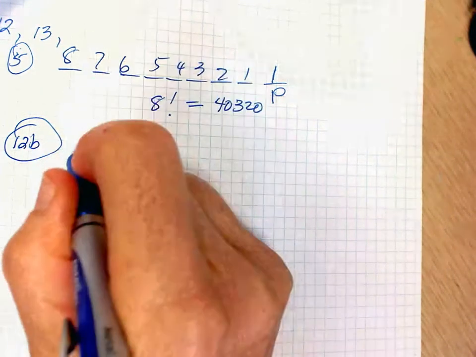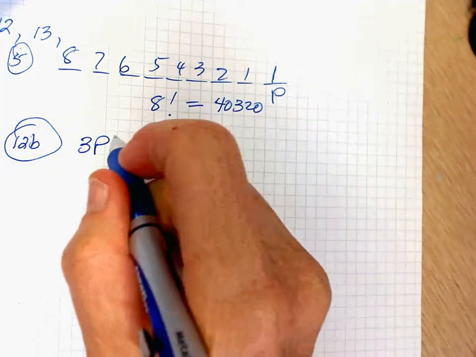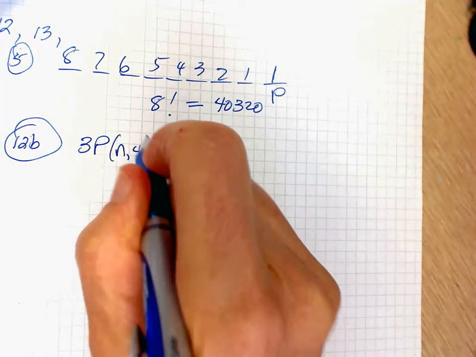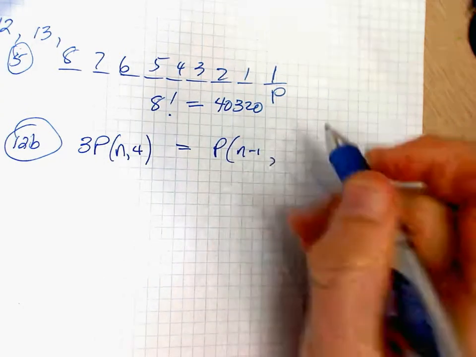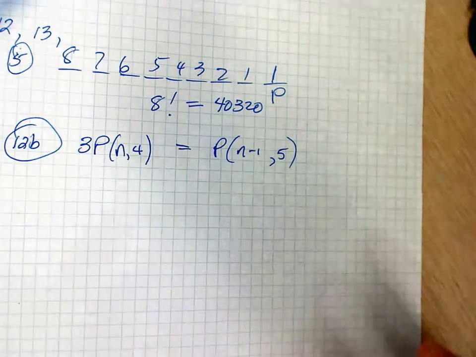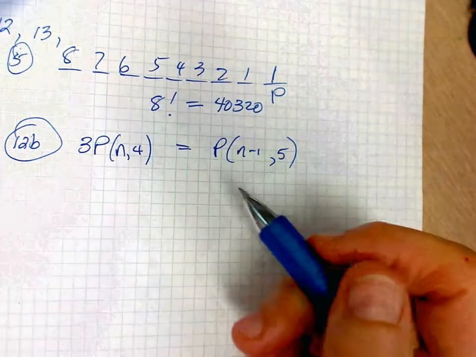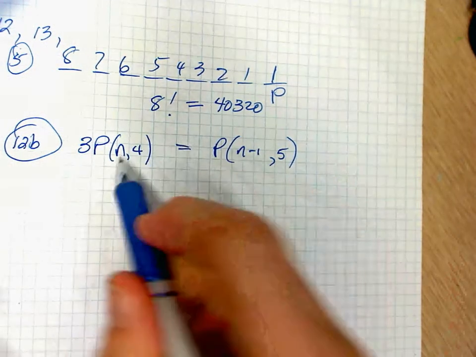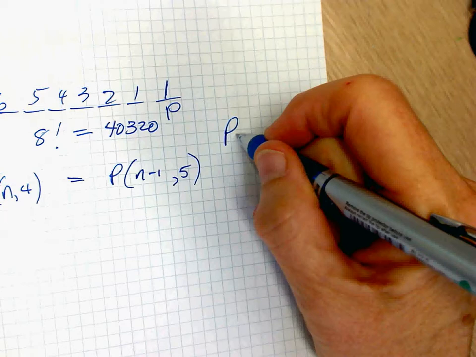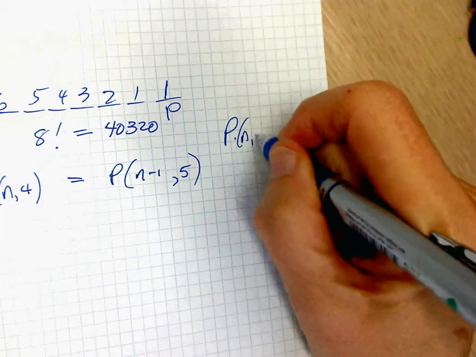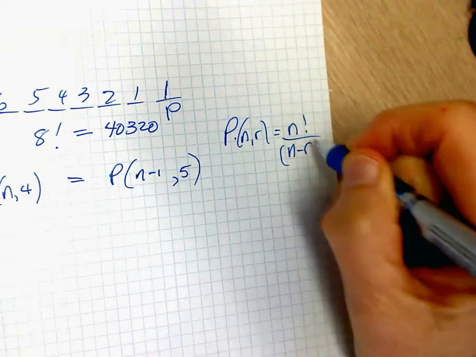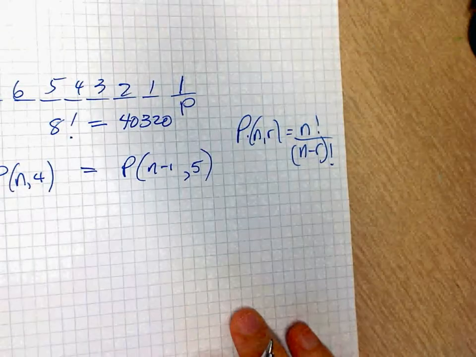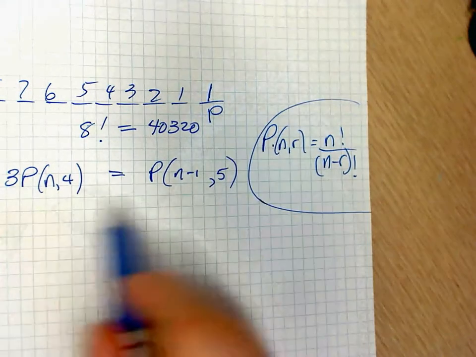So we have 3P(n,4) equals P(n-1,5). Okay, so the formula for P(n,r) is n factorial over n minus r factorial. Is that okay? So we're going to plug that into the formula and solve.